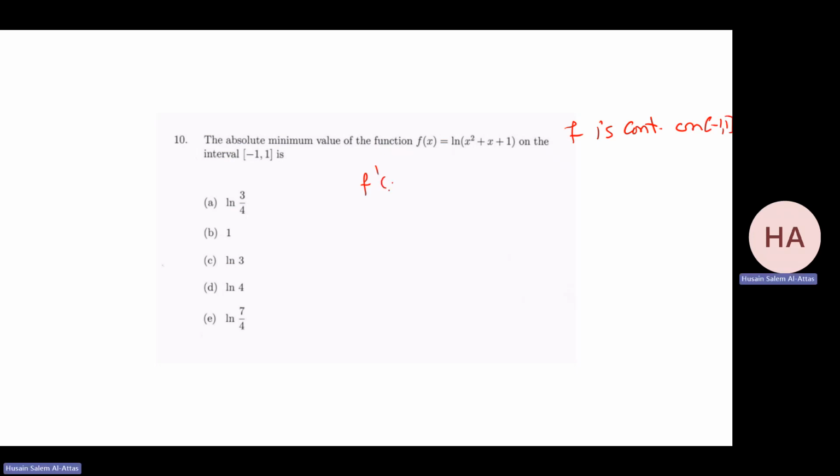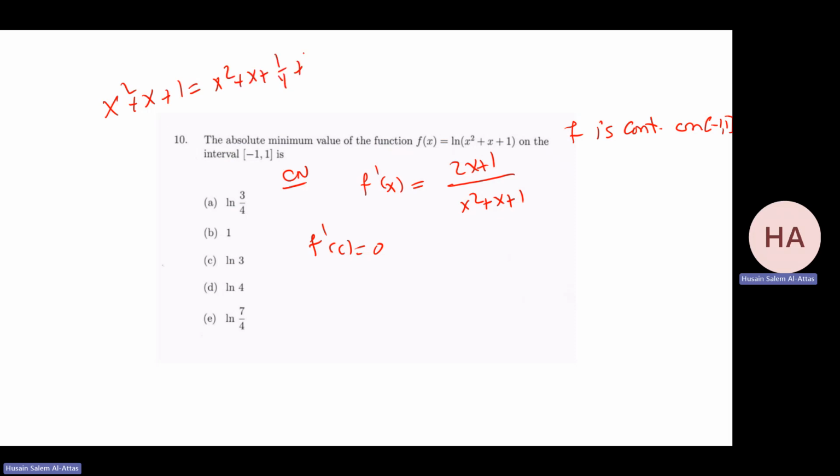So I have f prime, and find the critical numbers. It will be x squared plus x plus 1 in the denominator times its derivative. F prime at c equals 0. Note x squared plus x plus 1 is x plus half all squared plus 3 over 4, which is always positive.